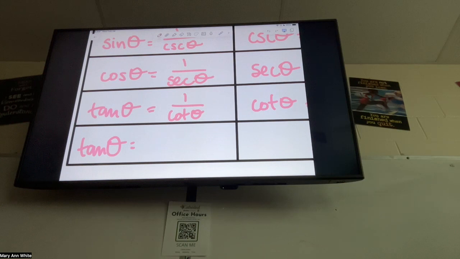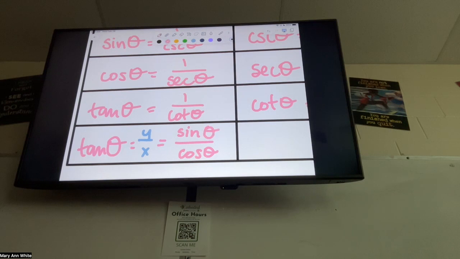Tangent is what? Y over x, okay? And you don't necessarily have to write that down, but I write that down simply to remind myself which trig function goes with y. Sine, and which trig function goes with x? Cosine. So tangent is the same thing as sine over cosine.